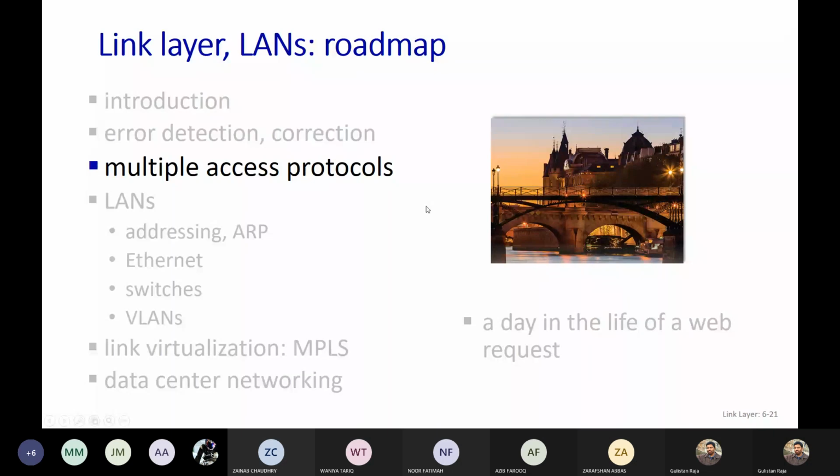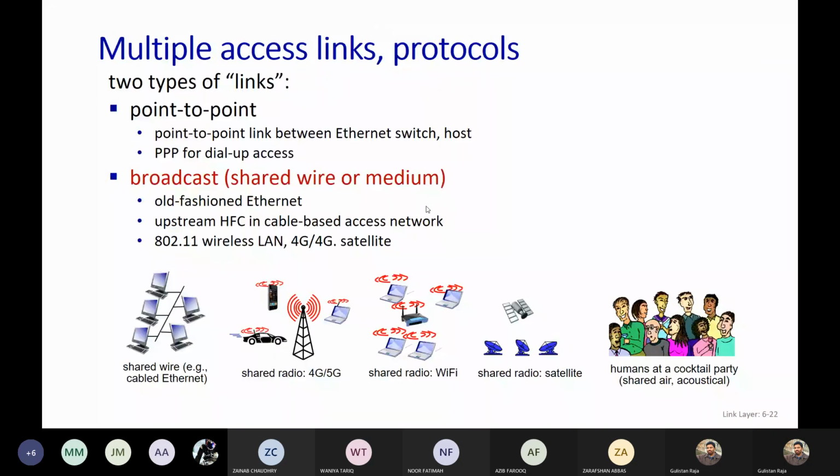Before we talk about multiple access protocols, let's talk about two types of links. One is known as a point-to-point link, and the other is known as a broadcast link, which is a shared wire or medium link.